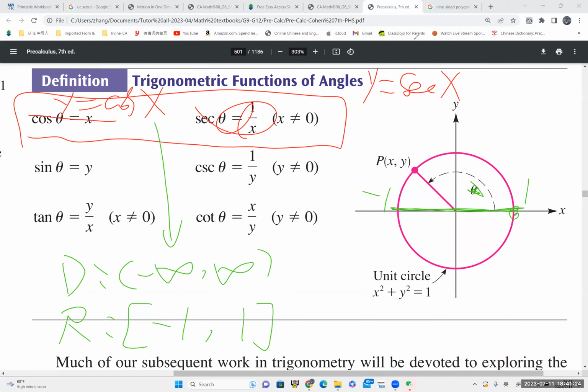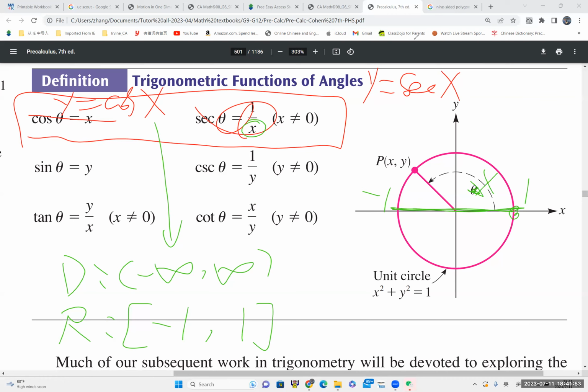Sorry, now x is the input, which means it's the angle. Then let's see what kind of angle x cannot take. I know here has some mix. Sometimes x means the x coordinate. Sometimes x means the function's input, right?